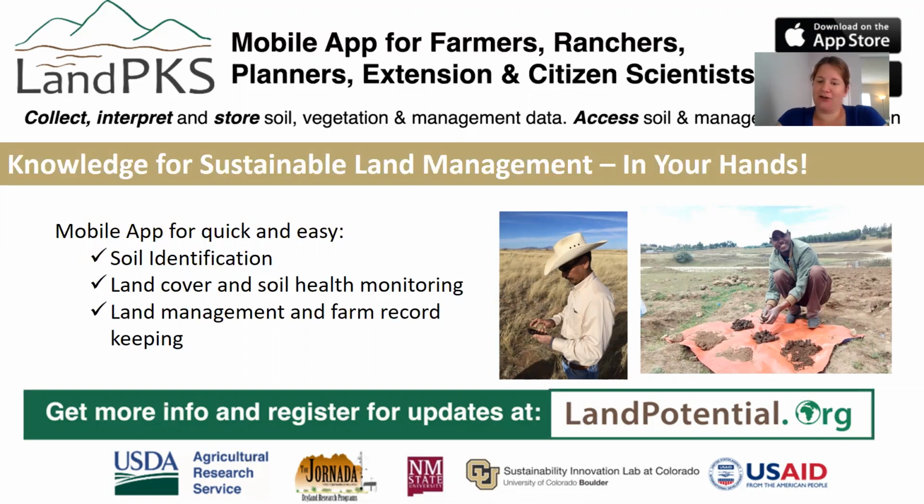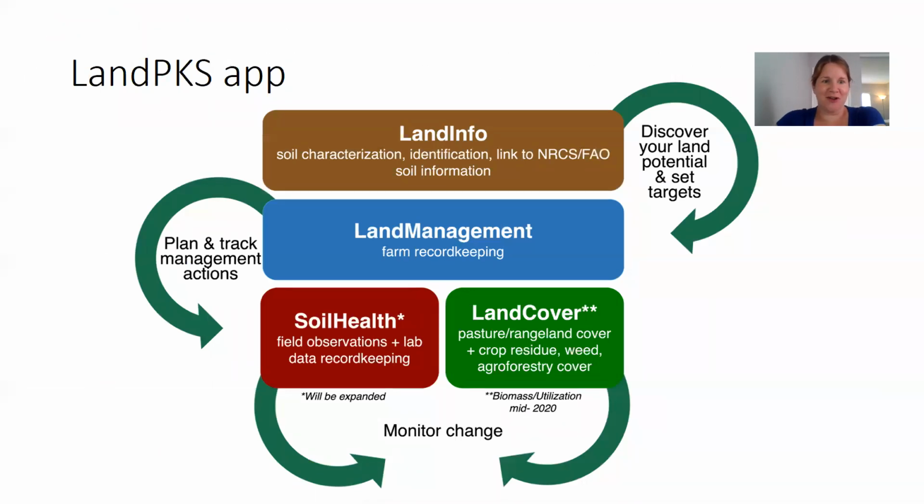There's the website, landpotential.org. We'll go through a lot of detail for this, so I'm not going to cover too much right now. The app is broken up into different modules. We're going to cover today mostly the land info module, because that's the soils-based one. But feel free to download and play around with any of this.